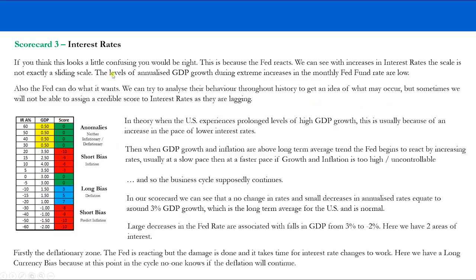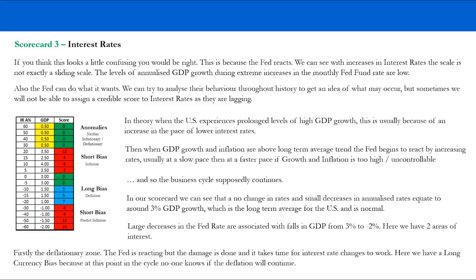What actually happens is, when you do the filtering process, the levels of annualized GDP growth during extreme increases in the monthly Fed funds rate are actually very low. Also, the Fed can basically do whatever it wants with interest rates at any one time. You know, we forget that.